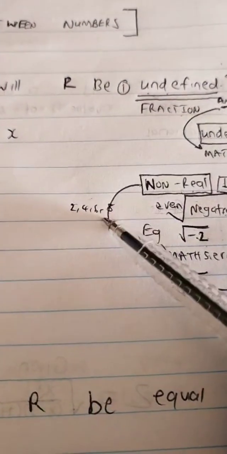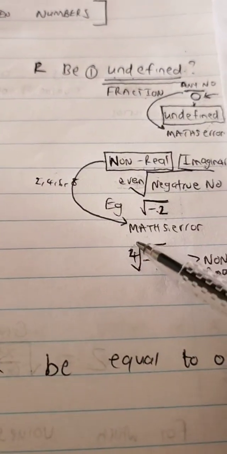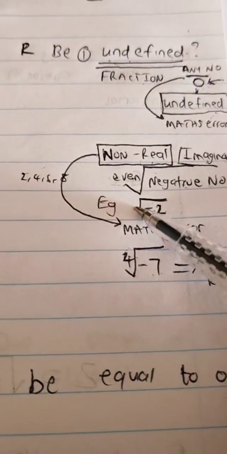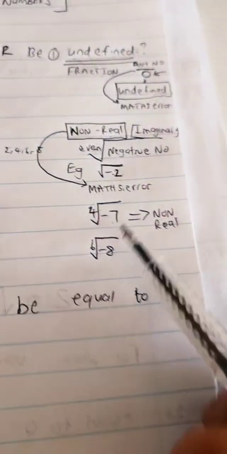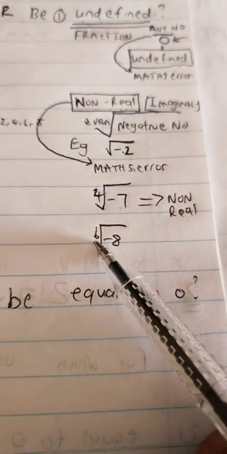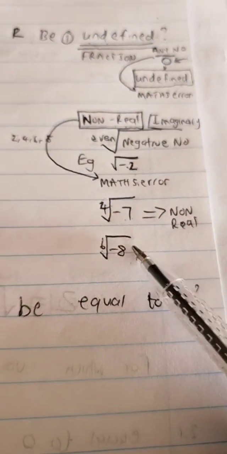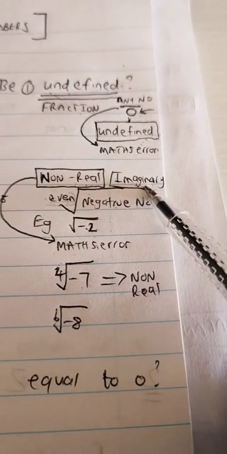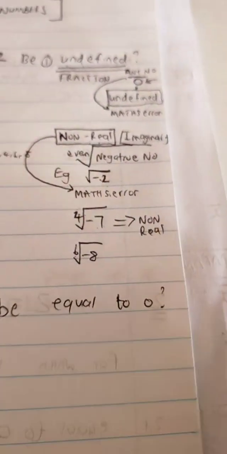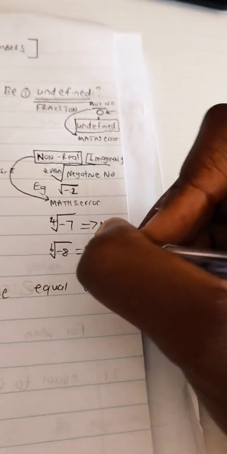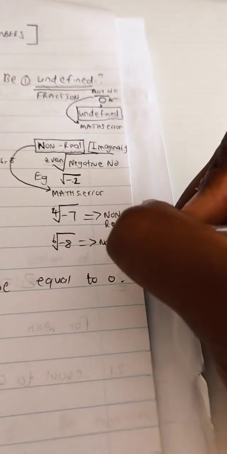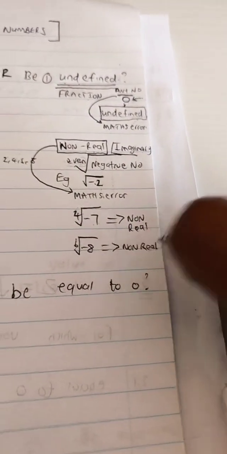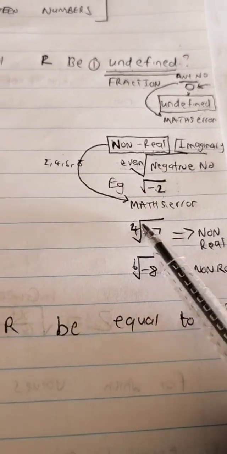So any even root, it could be the fourth root, the square root, or the sixth root. As long as it is an even root of a negative number, we know that is called a non-real or imaginary number. Very, very important. This is non-real, but it requires an even root.